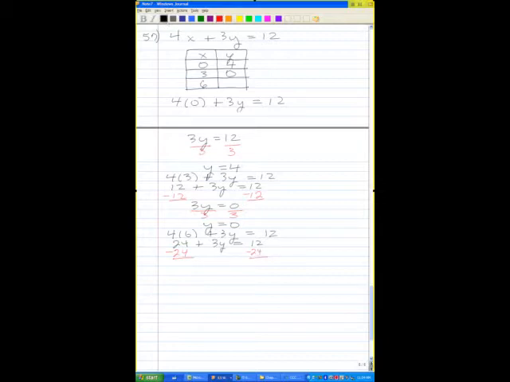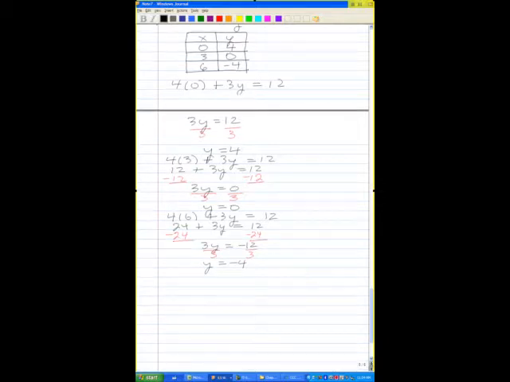And so 3y equals negative 12. Divide both sides of your equation by 3. So y equals negative 4. Okay. And so that's about as good as you can get, unfortunately, for integer values.